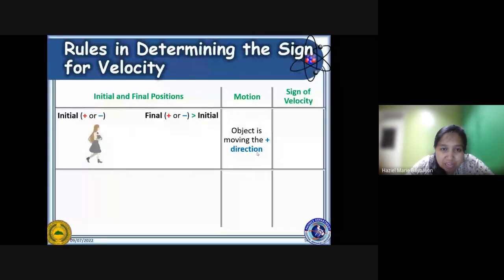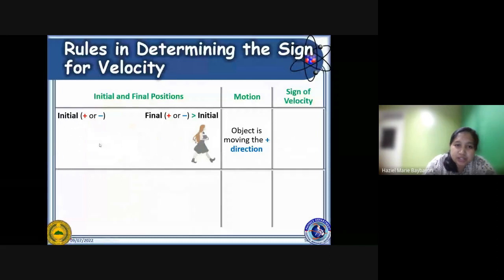If the final position is greater than the initial position, then the object is moving in the positive direction.